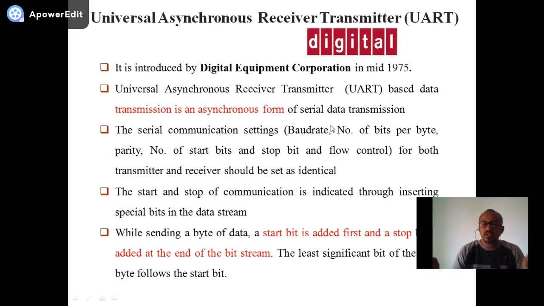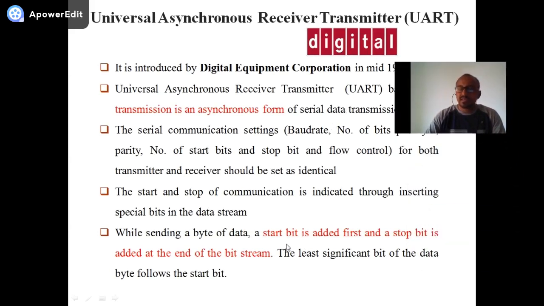The start and stop of the communication is indicated by inserting special bits in the data bit stream, and what we call a packet or a frame is formed. You will get a clear idea when you look at the block diagram of it. The start bit is added first and the stop bit is added at the end of the bit stream.